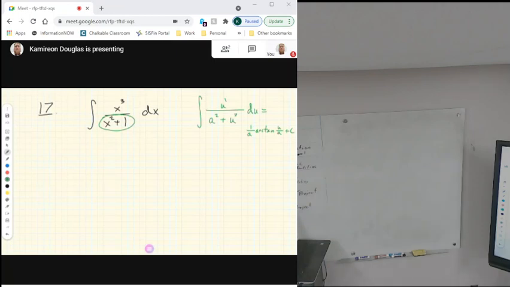So I'm going to attempt to force it to be in this form. And when I do, there may be some small consequence to this, so I've got to be careful. But let's see what happens. Let's identify my components. In this case, my a is going to be 1. My u is going to be x.